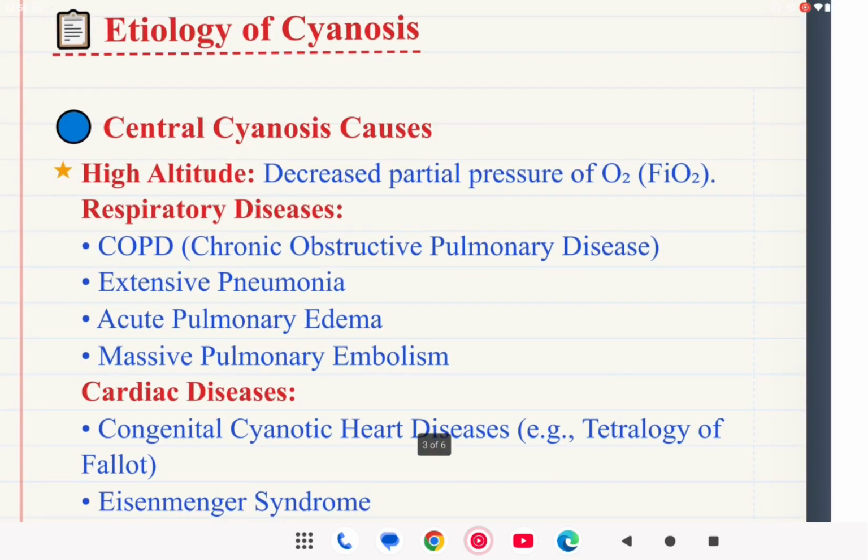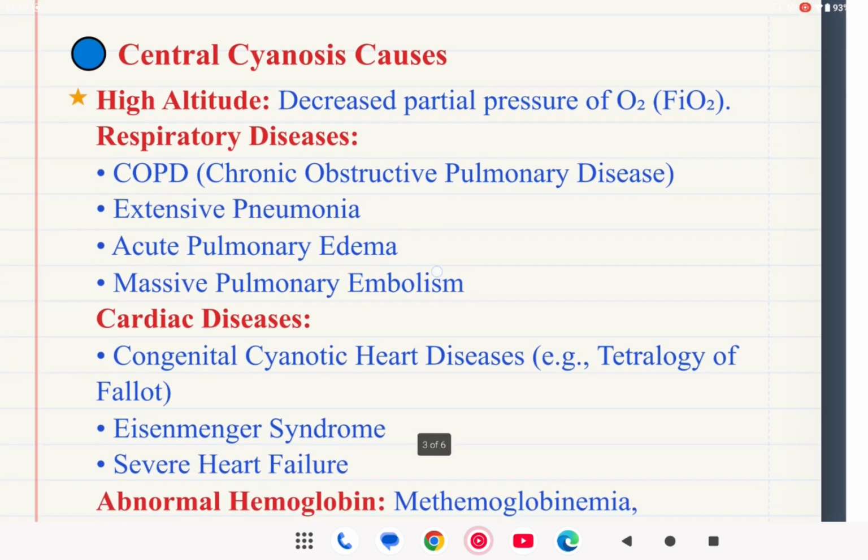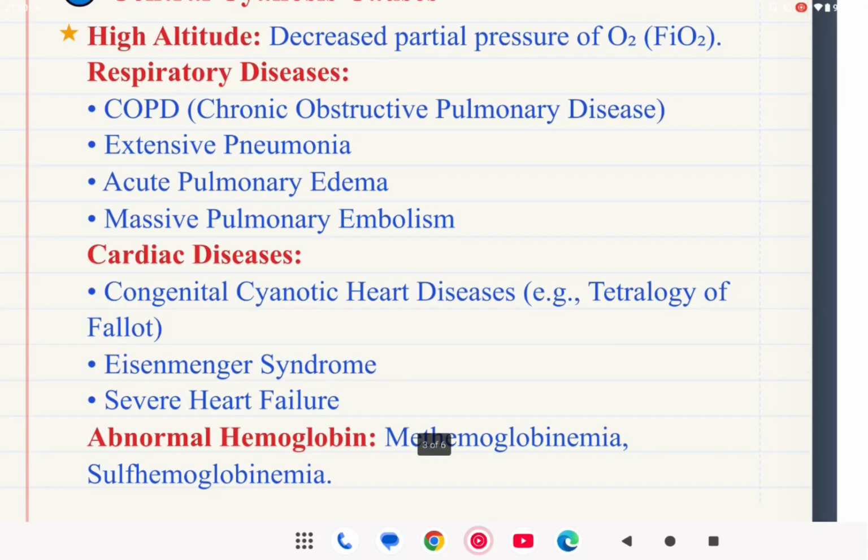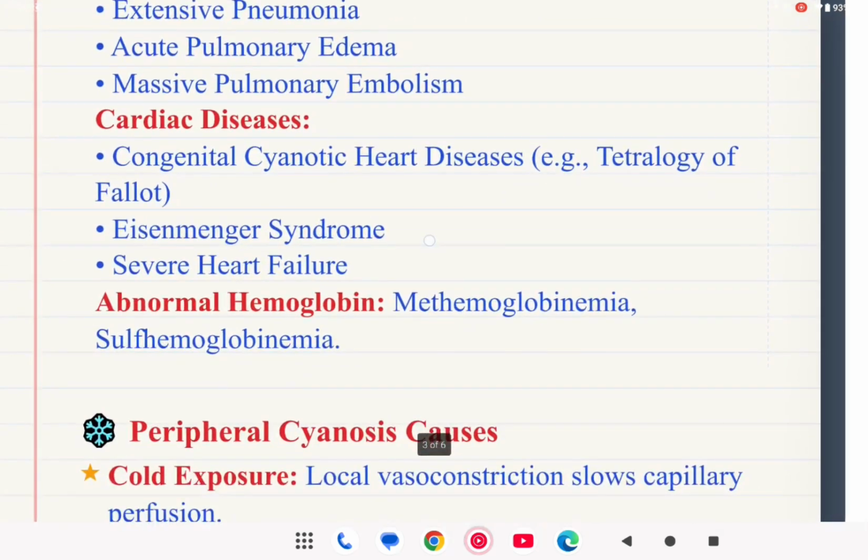Now, what are the causes of cyanosis? Central cyanosis is mainly seen in people living in high altitude areas due to a decrease in the partial pressure of oxygen, and in respiratory diseases such as COPD, chronic obstructive pulmonary disease, extensive pneumonia, acute pulmonary edema, massive pulmonary embolism, and cardiac diseases like congenital cyanotic heart diseases, or TOF, that is tetralogy of Fallot, or Eisenmenger syndrome, and severe heart failure, which you all have studied in cardiac diseases.